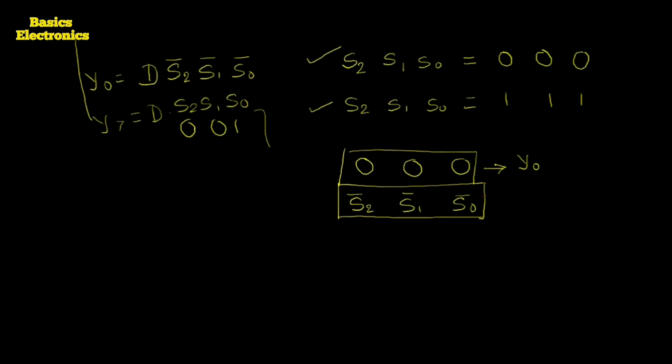Now, if the input is 1, 0, 1, it means here you require to make the connection for this particular gate as S2, S1 bar, and S0. When there is a 1 in the code, it means the direct line, or we call it the active high line, must be connected to the input. Okay, so these three things you have to keep in mind.